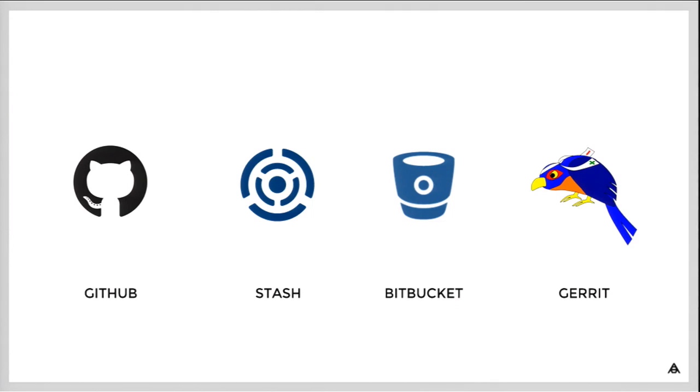It's the system we use for the grid code, but it's a bit more complex. But with Stash and Gerrit, you can install your own server internally. So if you don't like the cloud version, you can use Stash or Gerrit.